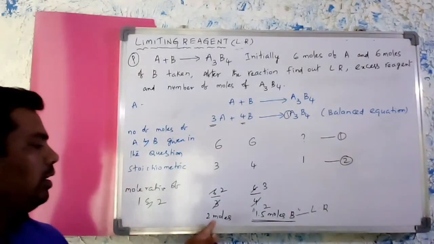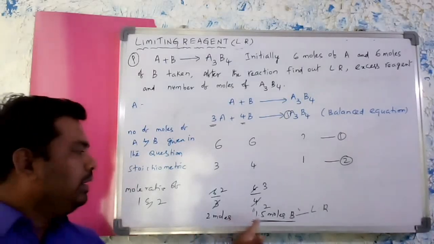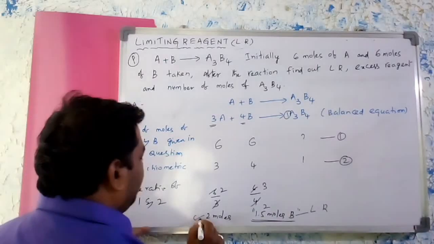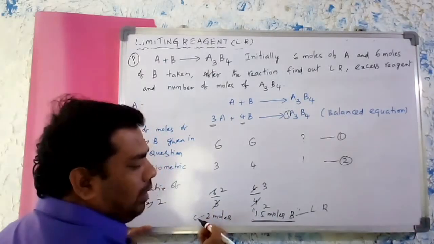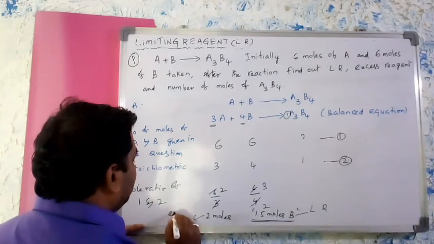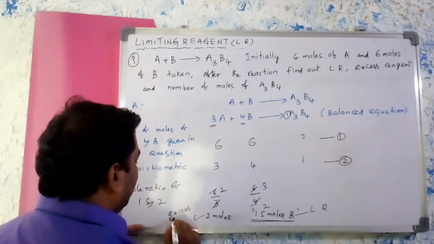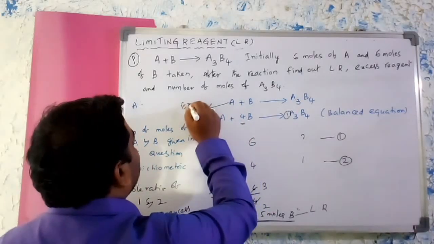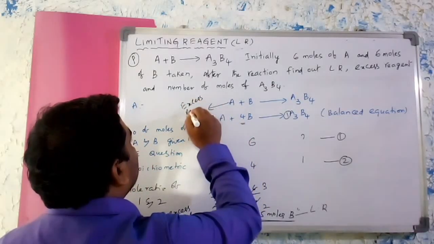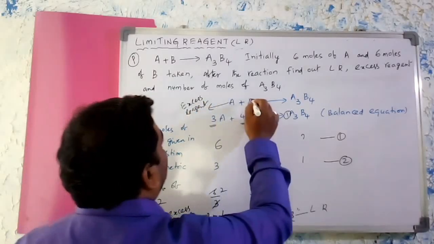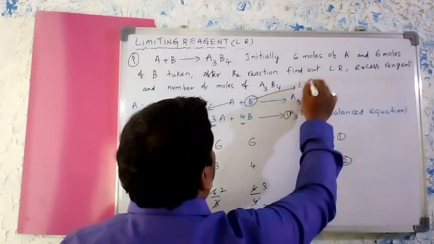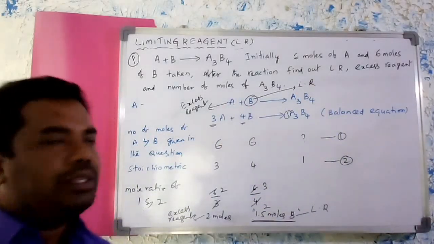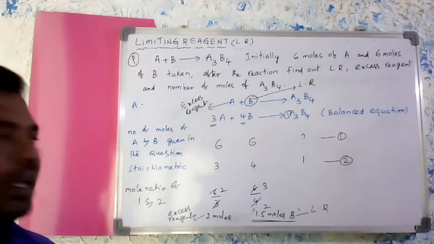And you can see 0.5 is extra compared to B. So that's why A is the excess reagent or reactant, and B is the limiting reagent. So in our problem, B is the limiting reagent and A is the excess reagent.